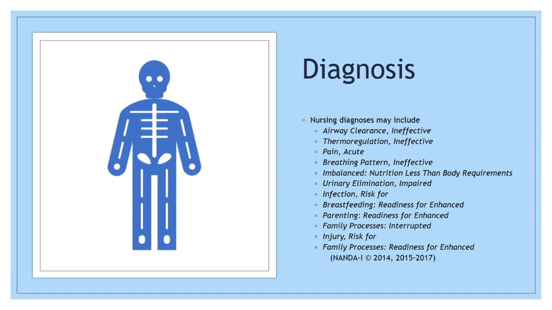Because their systemic changes are so sensitive, and because their systems are so underdeveloped and immature as a newborn, there are tons of nursing diagnoses that can apply to the newborn period, but you have to understand the processes of what is happening physiologically from a systems standpoint to be able to apply those nursing diagnoses to the newborn.